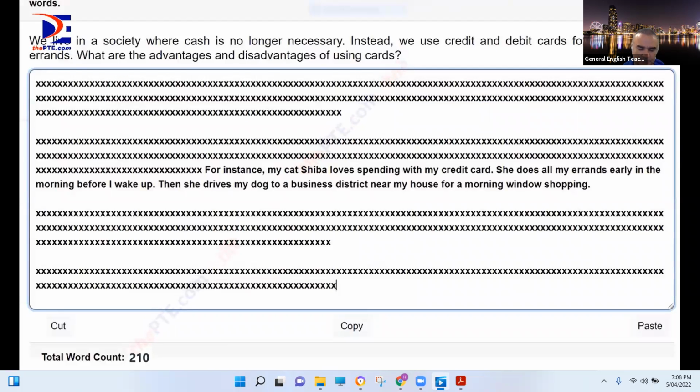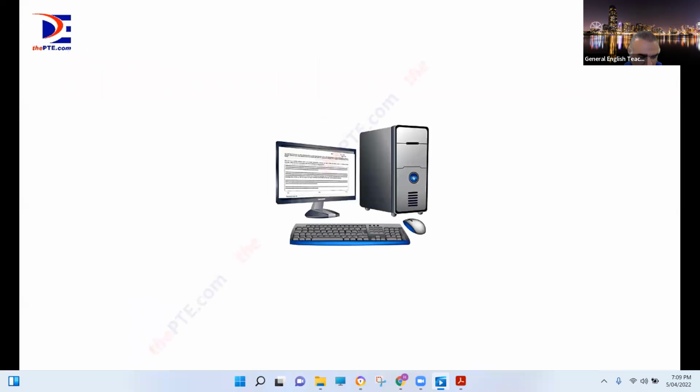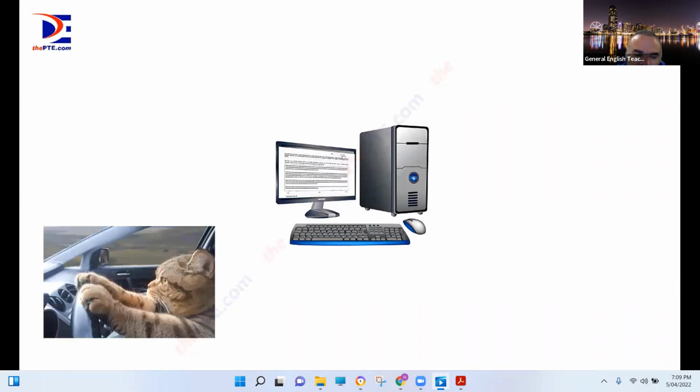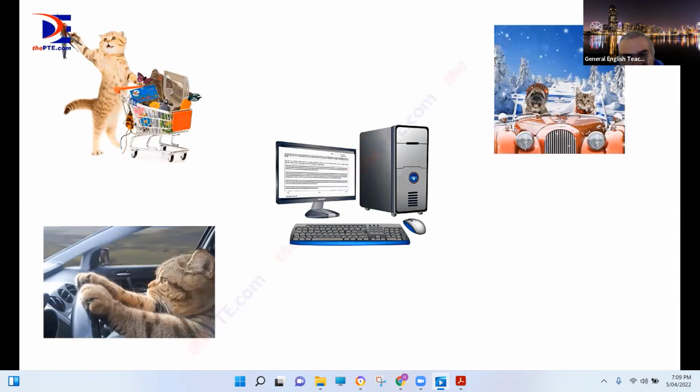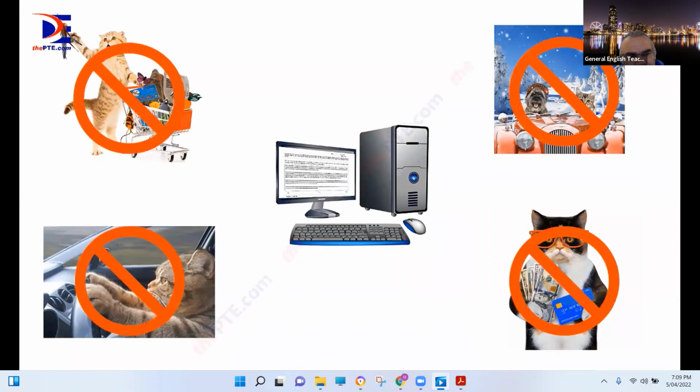Therefore, the software gives a high score to the essay's content and vocabulary. What the computer has totally missed out and only a human examiner could pick on is the fact that cats cannot do any of the above activities.